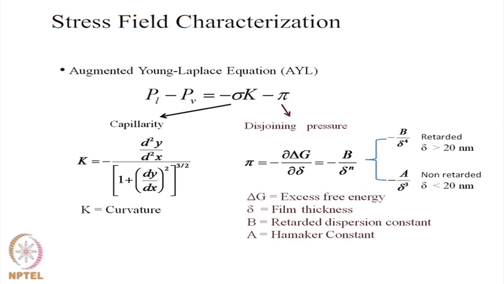On the other hand, the disjoining pressure, which tells us the excess free energy of the thin film due to the presence of intermolecular forces, can be expressed by the formula minus B by delta to the power n, where B is the dispersion constant and A is the Hamaker constant, as I have explained before.